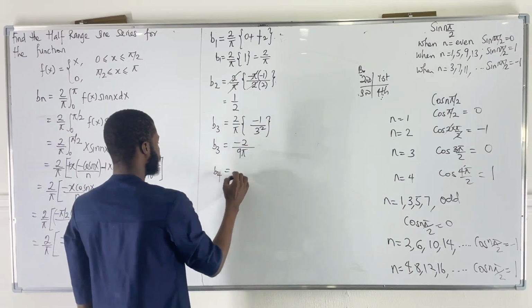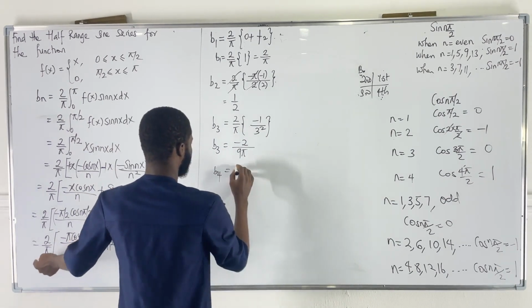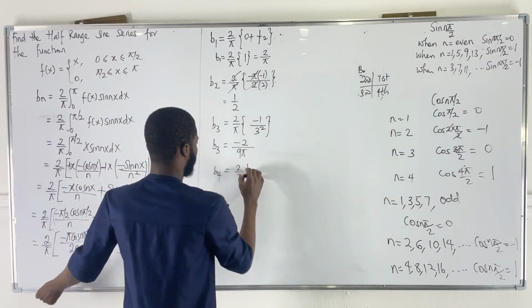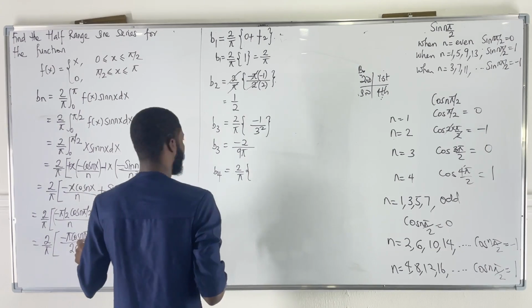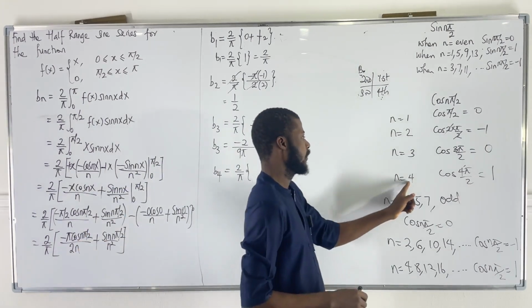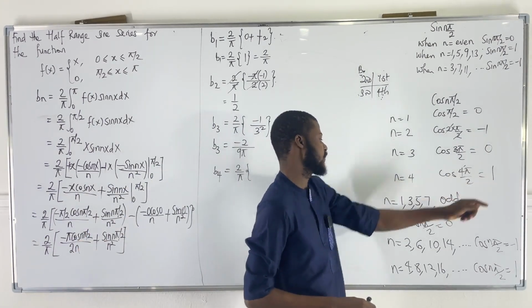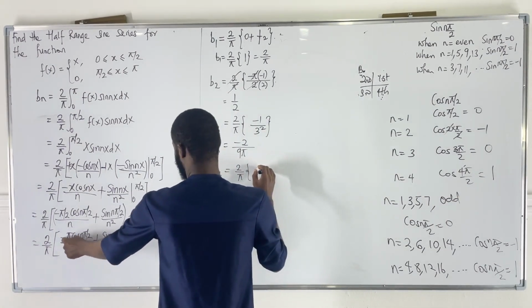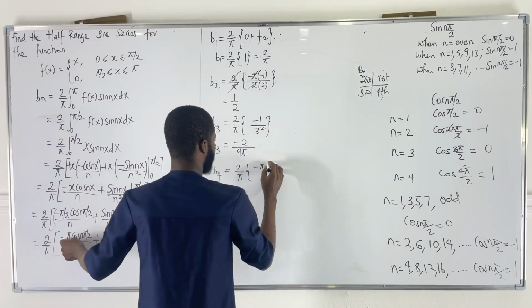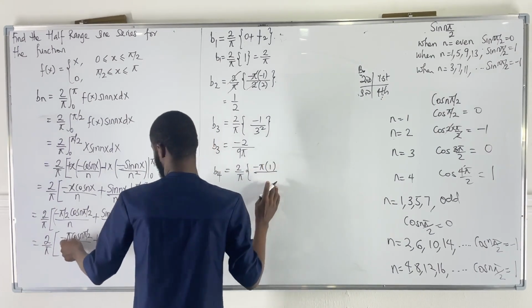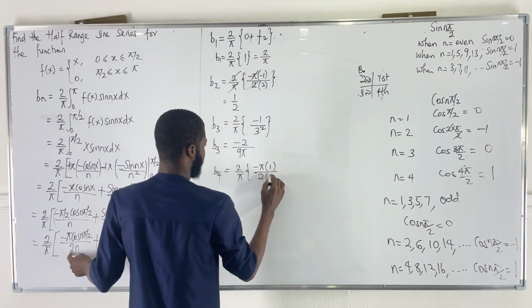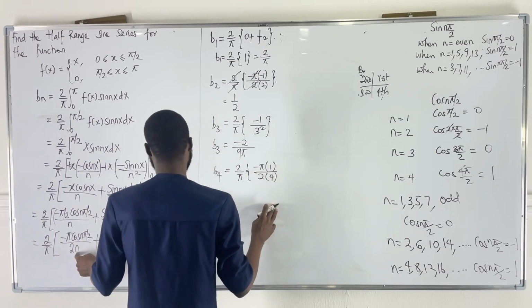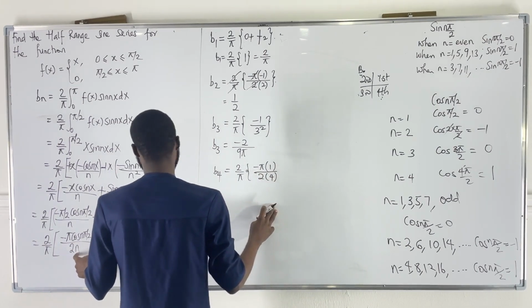b4. So n will be 4. So this is 2 over pi, open bracket. Now if this is 4, what's the value of this when we have 4? The value of this is 1. So that's minus pi times 1 divided by 2 times 4, because anywhere you see n, you're going to be putting that very value.